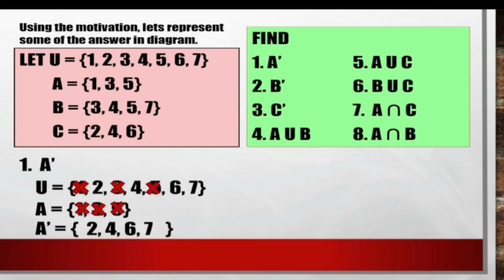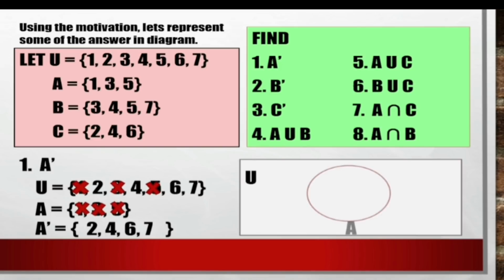Now, we'll try to represent A prime in terms of Venn diagram. First, if you remember, the universal set is represented by a rectangle, and a set is represented by a circle. So, if you notice, our set A contains the elements 1, 3, 5.